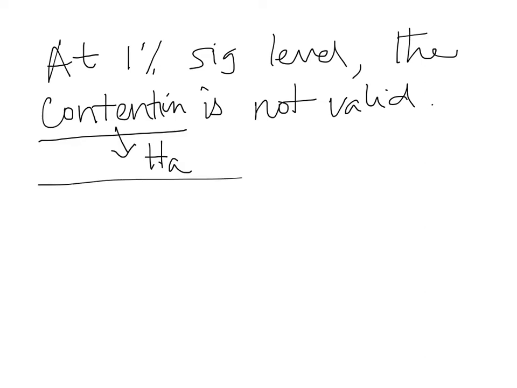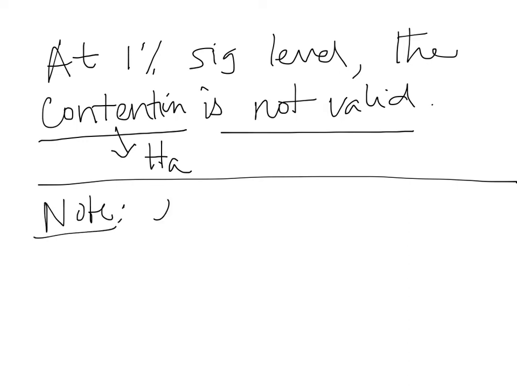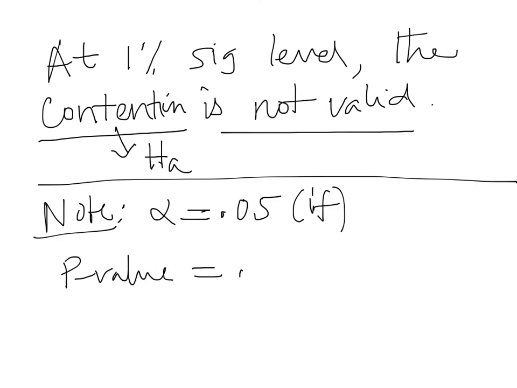The contention is not valid. So you have to see these logical steps, one by one, to come to this type of conclusion. Now, note here, if your alpha was not 0.01, then what happens? In that case, the p-value remains the same. You don't change it.